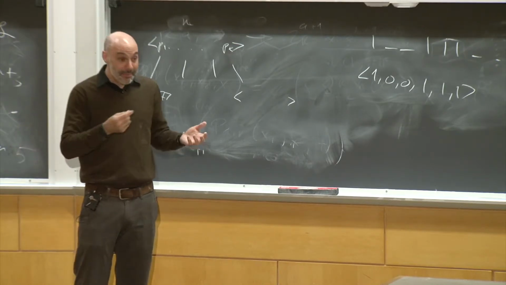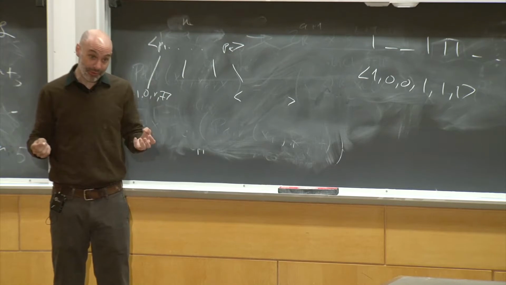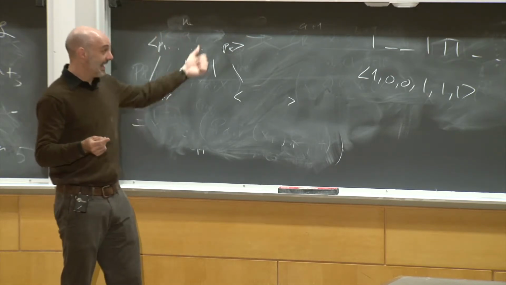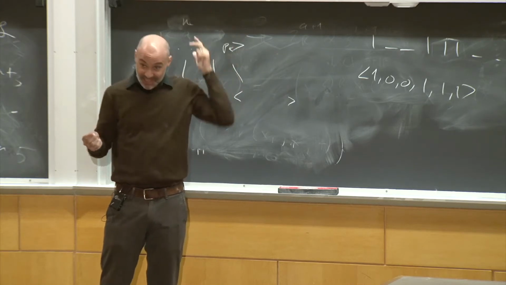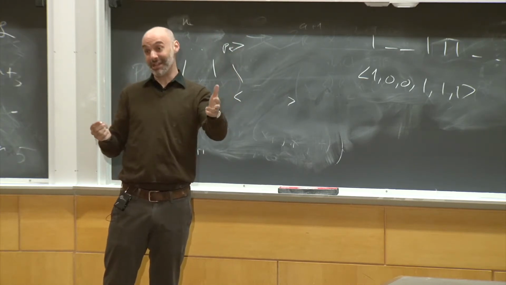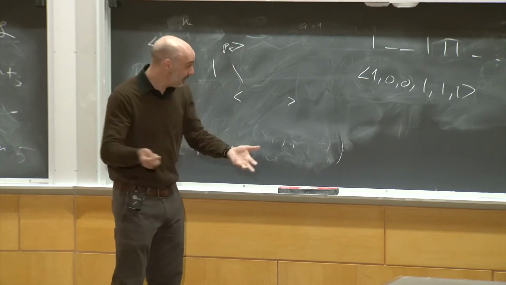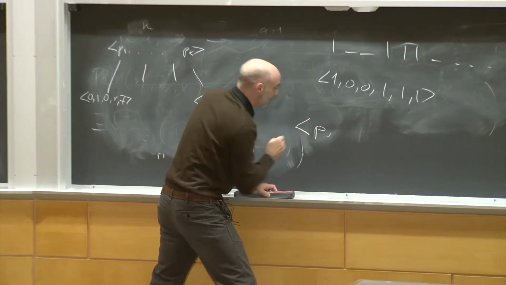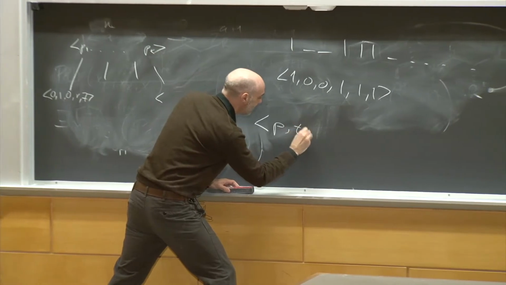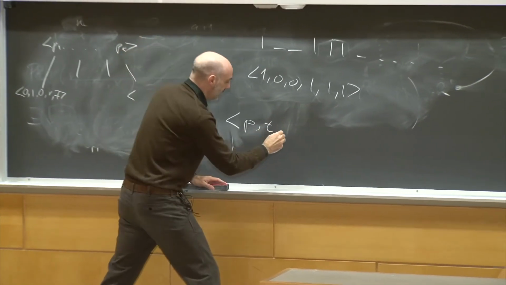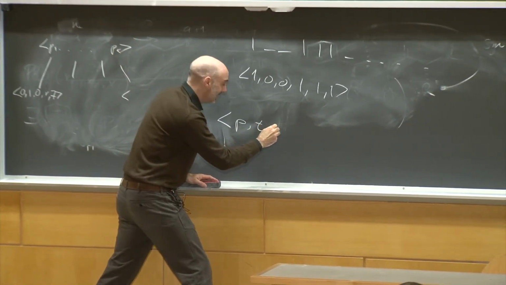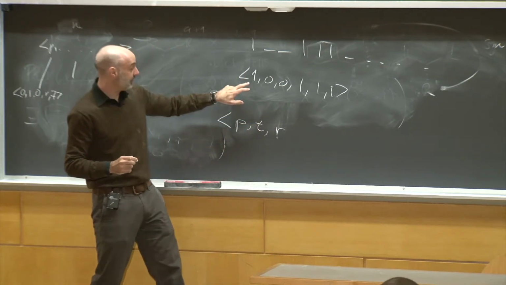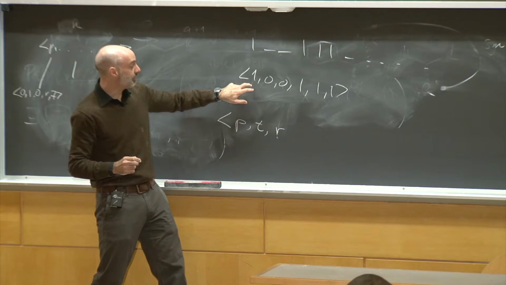And now we can do something amazing. Now we can have a number that codes the conjunction of a program and a tape and a position for the reader and a state for the machine. What's that going to be? Well, it's just going to be a 4-tuple, where the first thing is a program, the second thing is a tape, the third thing is, say, a position of the reader, which is just a number that tells you, so if the number is 1, then you're here.